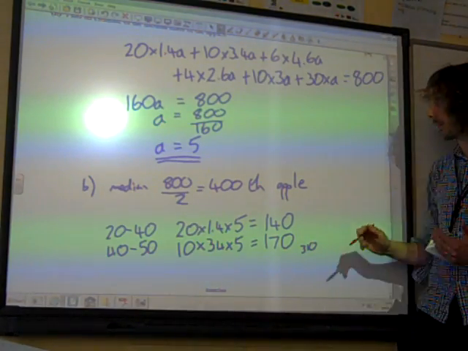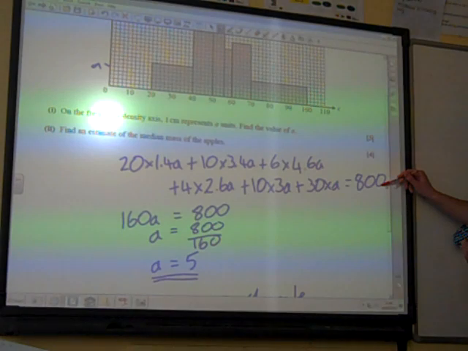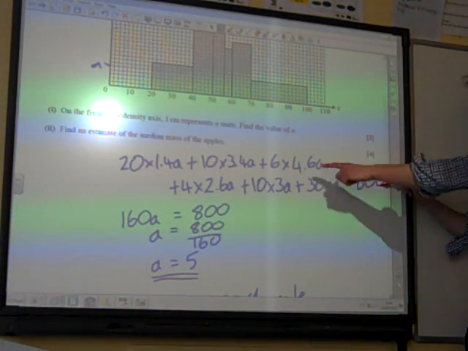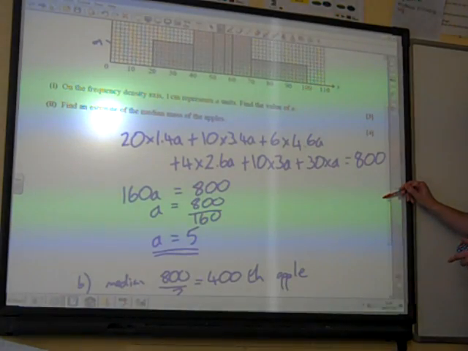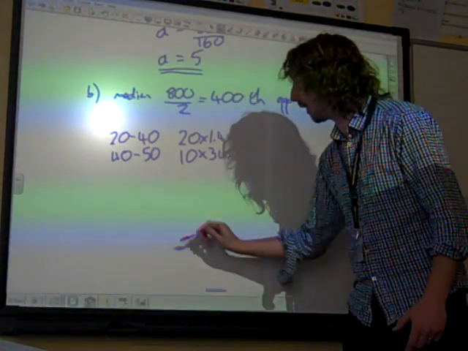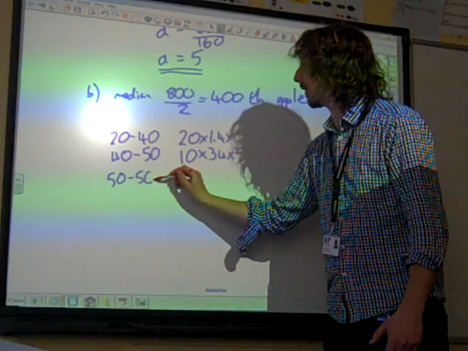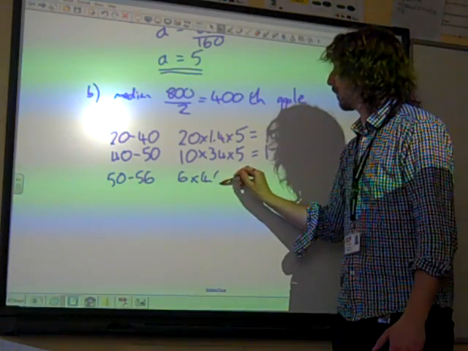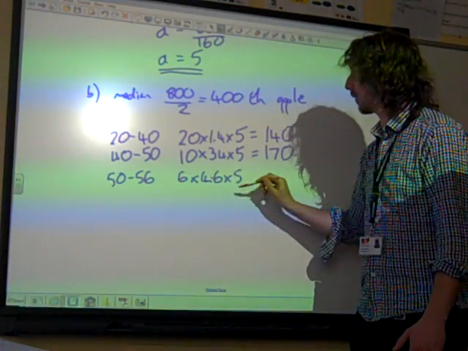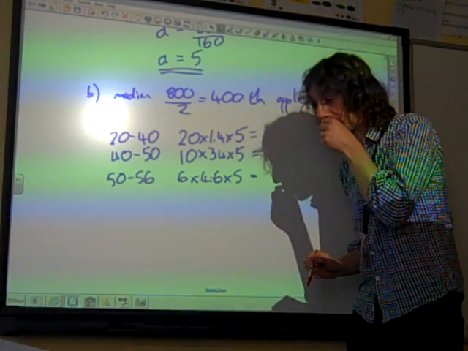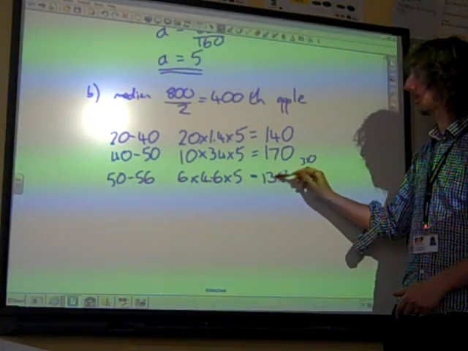The next class was of width 6. It was this class here. So 6 times 4.6 times A. That's the 50 to 56 class. 6 times 4.6 times 5. That is 138.